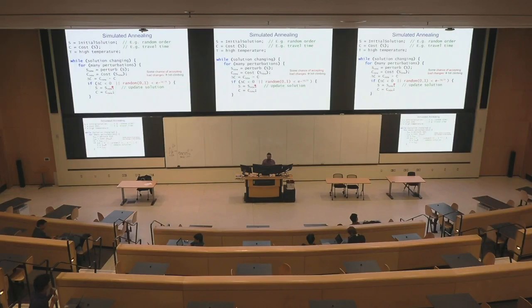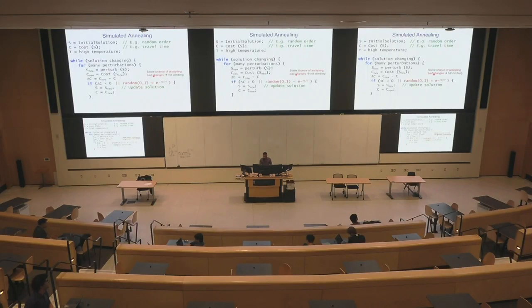If the delta C is positive, there are several cases. If delta C is positive and very high, and let's say the temperature is really low, then this is probably going to approach 0, okay? If it approaches 0, no matter what random number I choose, I'll probably reject it.